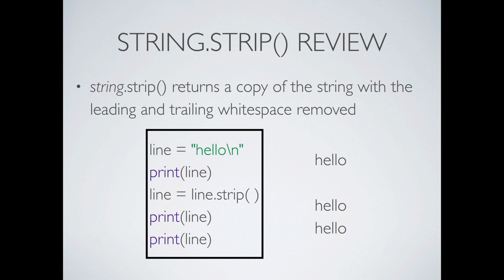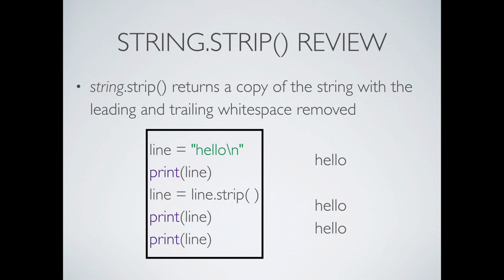The string is hello with a new line character. And if we print that line, because of that extra new line character, and the fact that print also prints a new line, you can see this extra white space, that extra new line that happens. This is pretty similar to what we saw when we were reading the data from files, right? We saw that extra new line when we printed stuff.